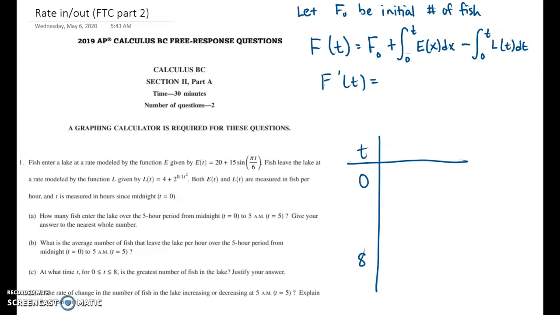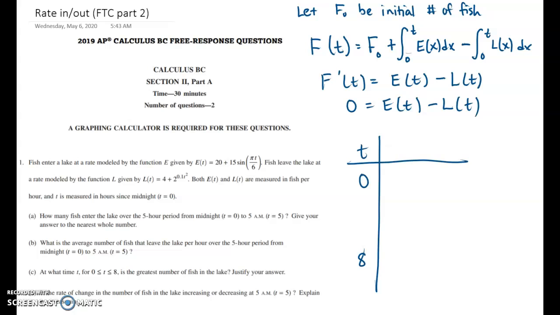Take the derivative of an integral. Oh look, it's the first part of the fundamental theorem of calculus. That's so exciting. So it's going to be e of t minus, oh, I didn't change those to x's, minus L of t. So it turns out that the critical points are going to happen when the rate in is equal to the rate out.